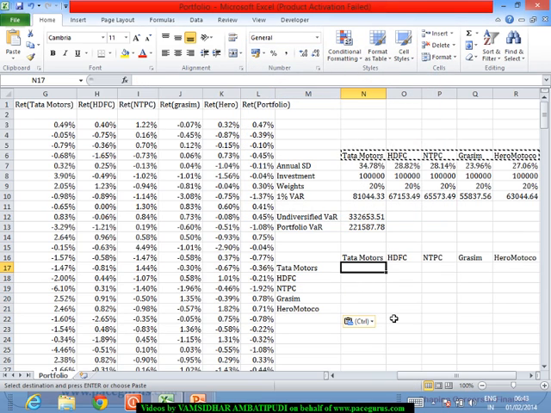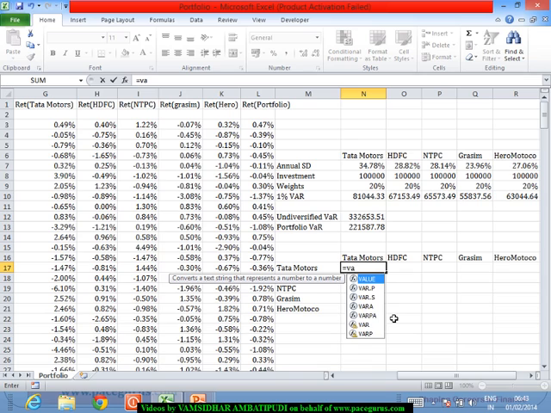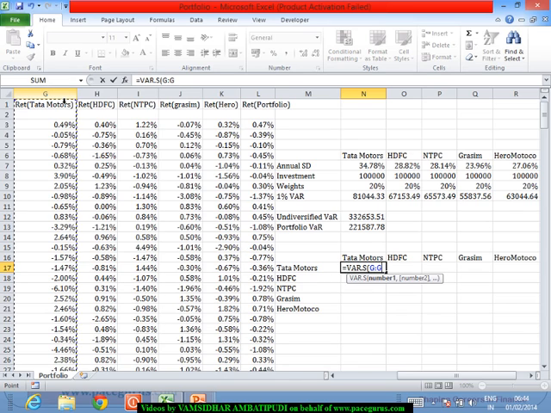Between them I want to find out the variance and the covariance. So first I will try to find out the variance of each of these securities' returns multiplied by 250.